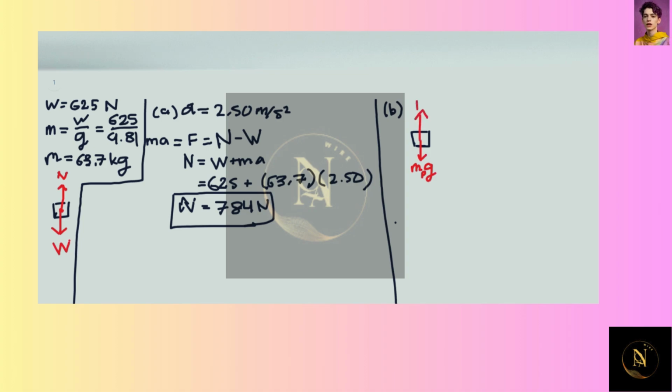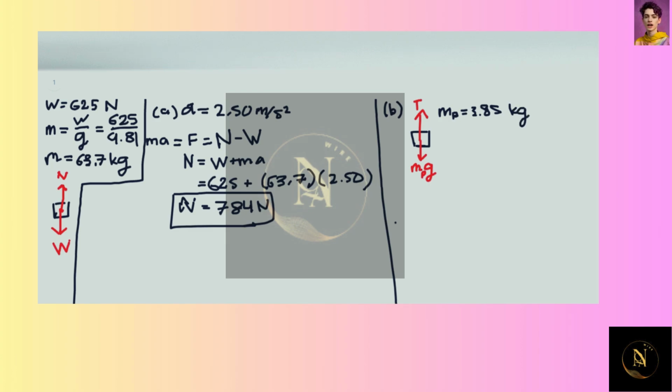Because you're holding it by a string, it's not a normal force preventing the package from falling to the floor, but rather a tension force. We're going to call that T. T is pushing up against the force of gravity, and we know that the package mass is 3.85 kilograms.